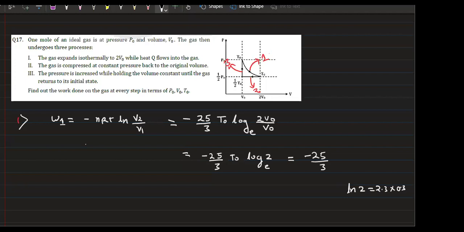So this always comes, ln 2 is 0.69. So make it 7 by 10, no problem, right? So this is actually into 7 by 10 T naught. Yes or no? So this goes with 5, 2 times. So it is minus 35 by 6 T naught.